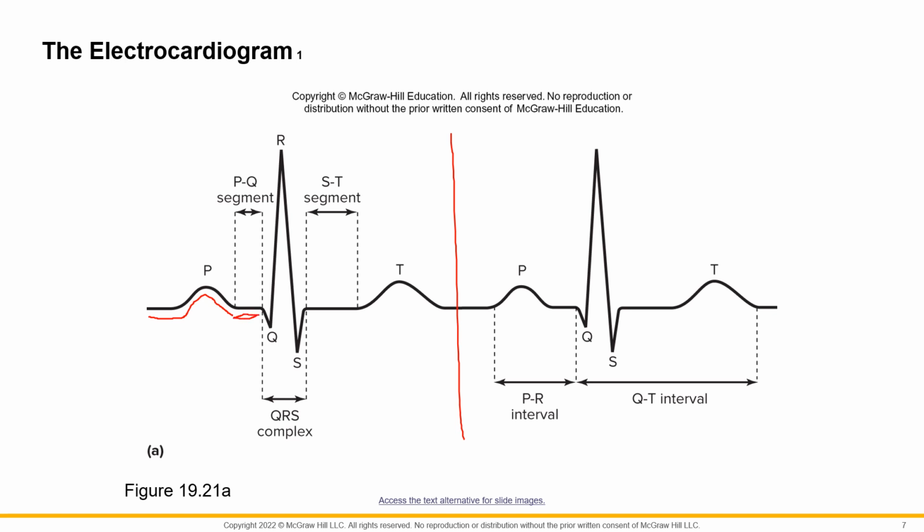The plateau that follows the P wave is called the PQ segment. We're going to talk about what events are happening at each of these segments in a minute. Following the PQ segment, you're going to see another electrical event, and that electrical event is a sharp peak.